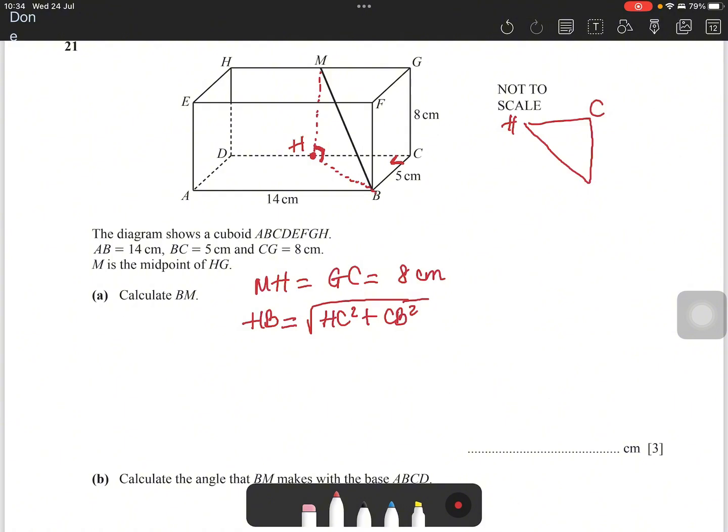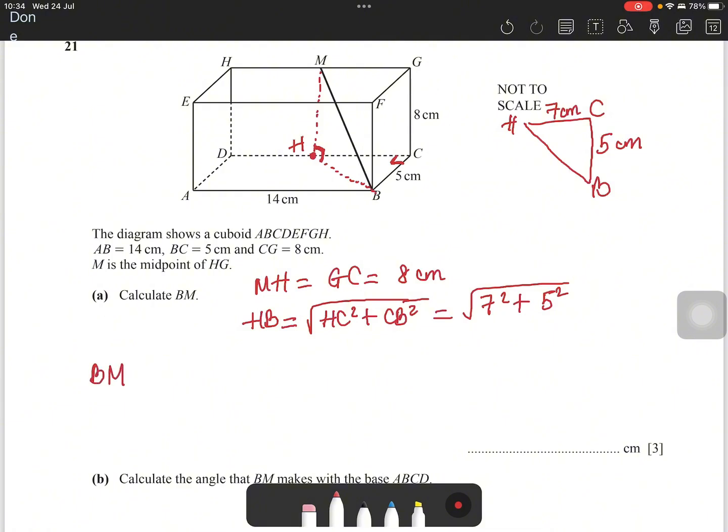CD is the same as AB, which is 14 centimeters. So CH is only 7 centimeters. And CB is 5 centimeters. So to find BH, we will write the square root of 7 squared plus 5 squared. And we keep it.